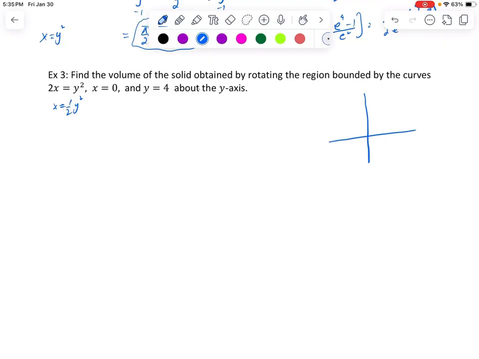It will be a parabola like this, just a little bit narrow. x equals 0 is the y-axis, so we have the y-axis here, and y equals 4.